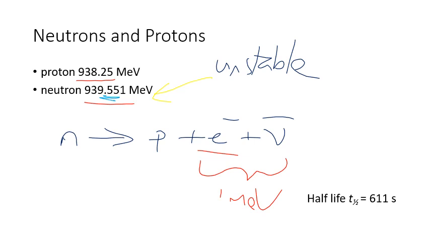Now, the controversy comes from the fact that if you measure the decay from a beam of neutrons, you get one value for the half-life. And if you measure the decay for a set of neutrons held in a magnetic bottle, you get a slightly different version of the half-life. I've got a feeling it's something like 7 seconds between the two of them.